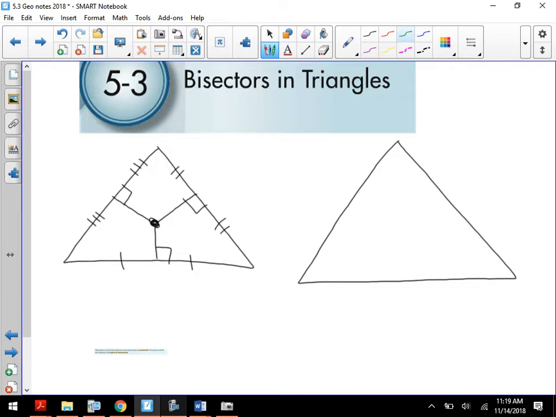Okay. I'm going to do the same idea with angle bisectors. 3 sides.